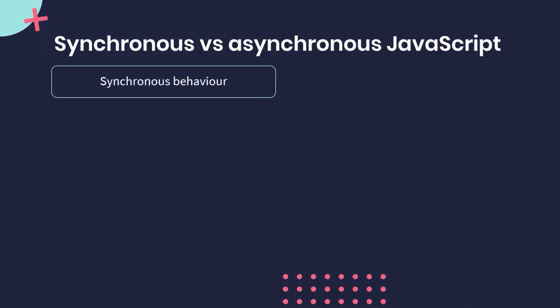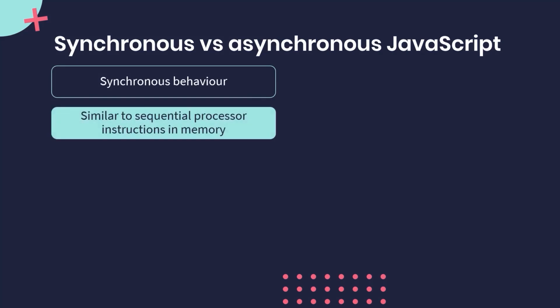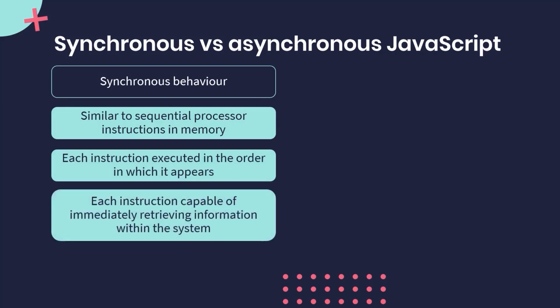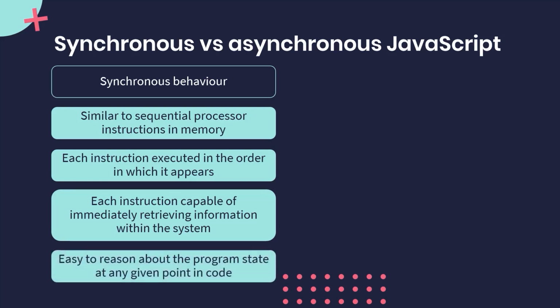Synchronous behavior is similar to sequential processor instructions in memory. Each instruction is executed strictly in the order in which it appears, and each instruction is also capable of immediately retrieving information that's stored locally within a system, for example in a processor register or in system memory, and as a result it's easy to reason about the program state, for example the value of a variable, at any given point in code.